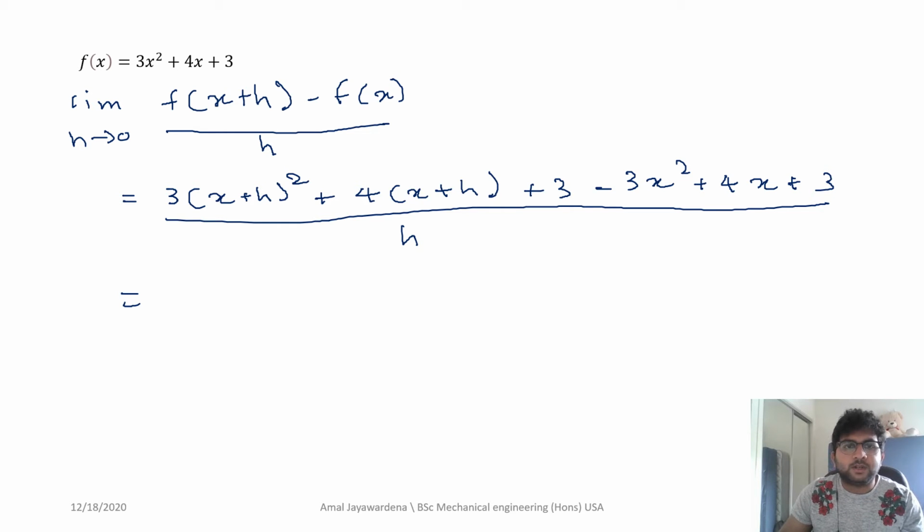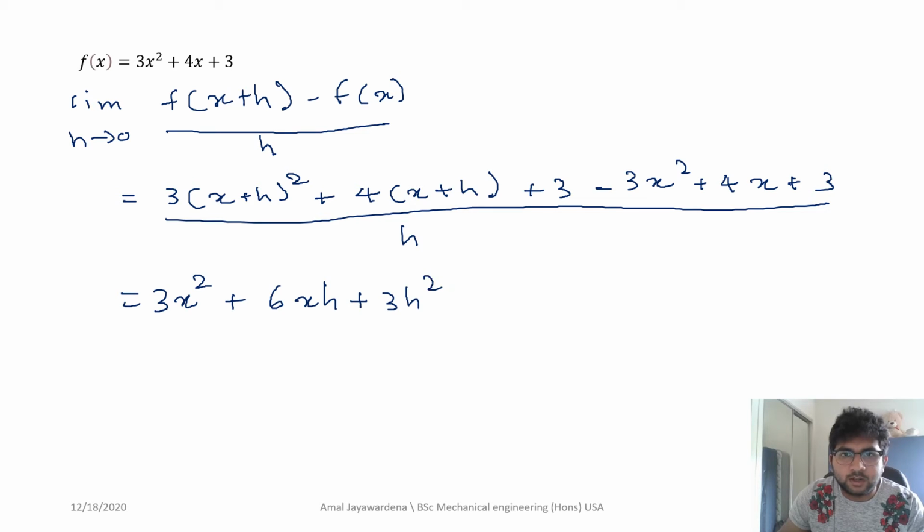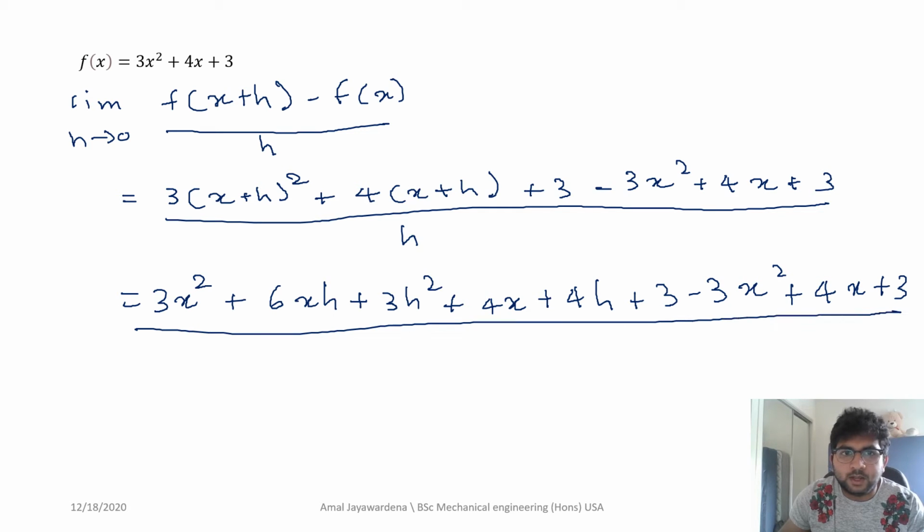Now I'm going to expand this, so it's going to be 3x squared plus double the product of the two terms, 2xh times 3, which is 6xh, plus 3h squared plus 4x plus 4h plus 3, minus (3x squared plus 4x plus 3), whole thing divided by h.